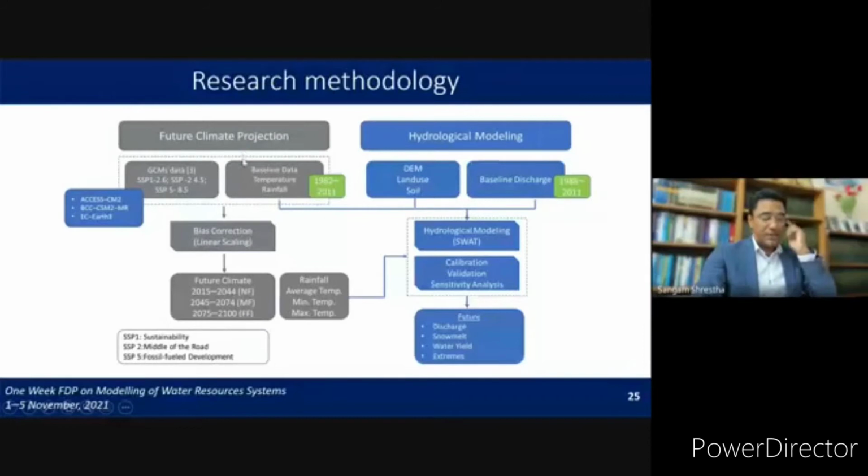So in this particular study, we have used the climate data from three general circulation models. These are XSCM2, BCC CSM2MR, and ECR3. So these are the three general circulation models, and we use the climate data of these three models, both historical data and the future climate data.